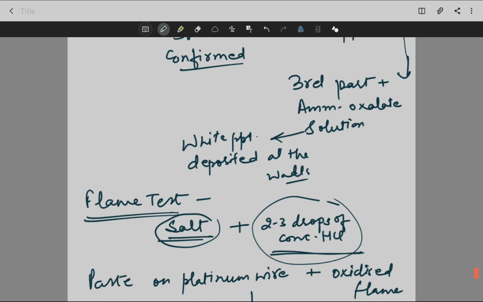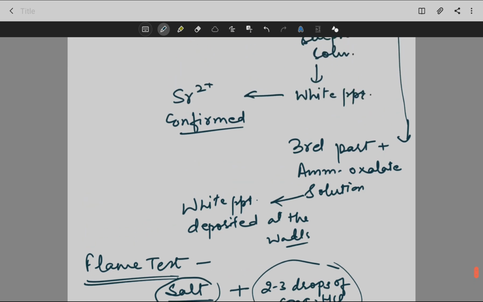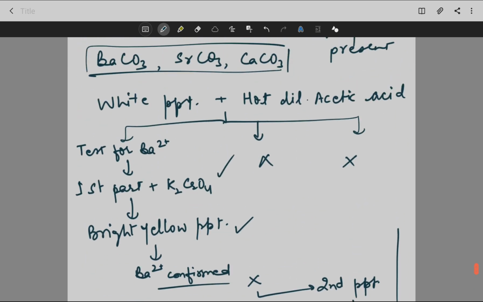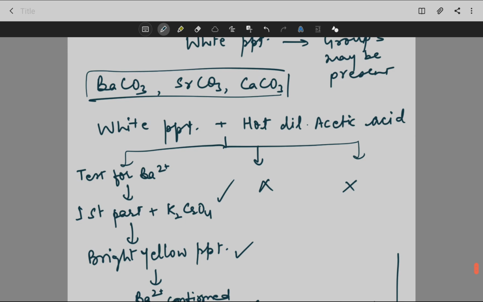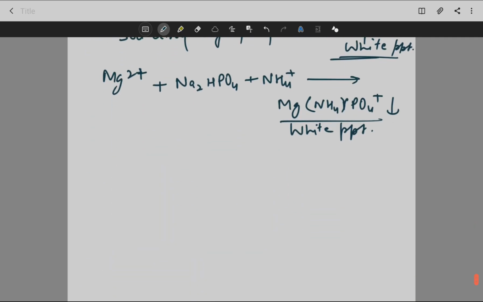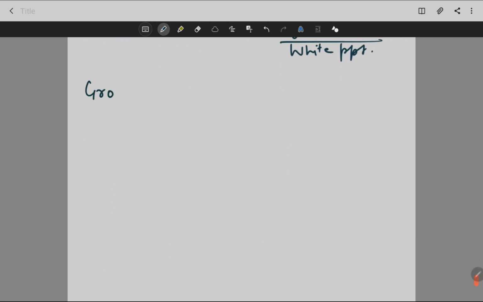So this is all about the chemistry behind the test for magnesium. We also need the chemistry for group 5, which I forgot to do. Group 4 we have already done, so we are discussing the chemistry behind group 5.